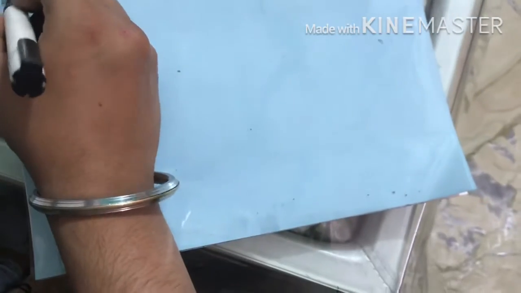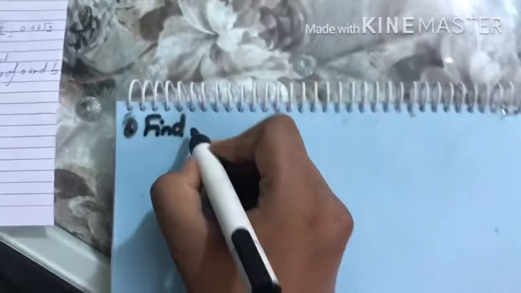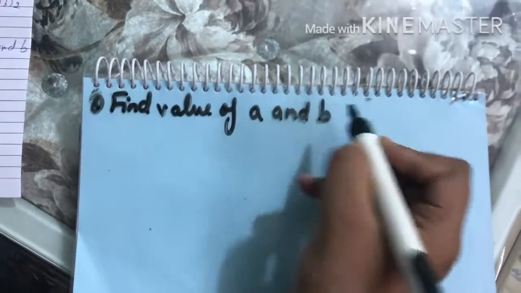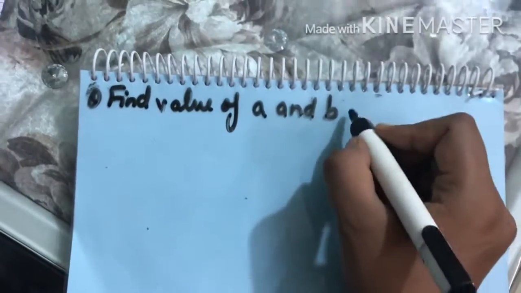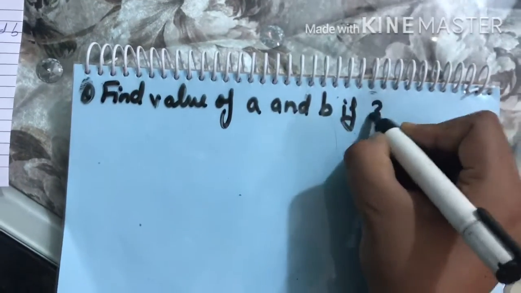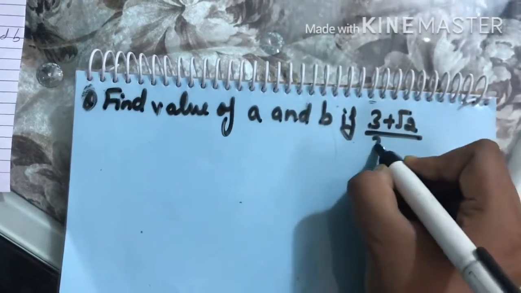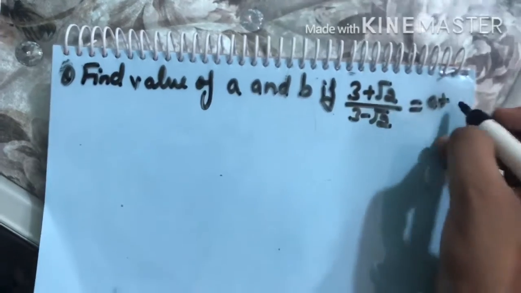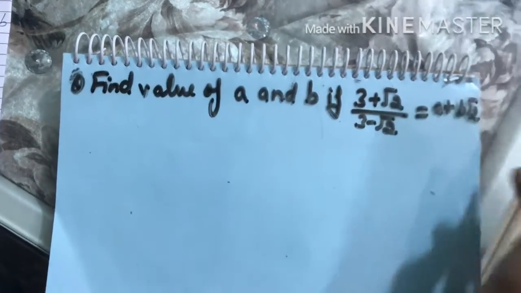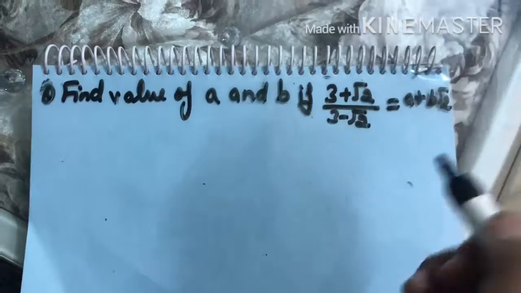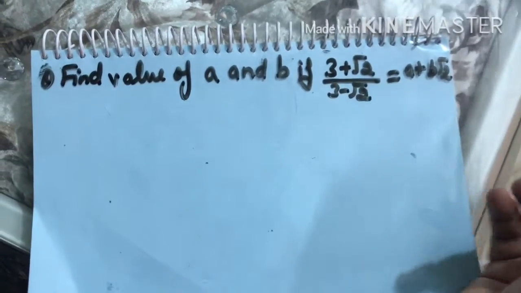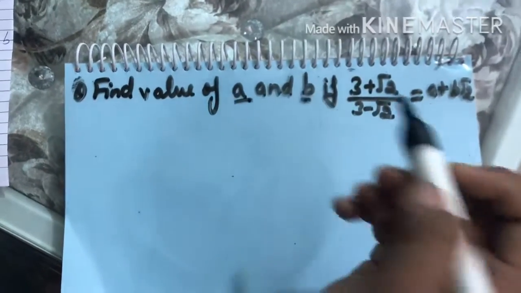The question is, find the value of a and b if 3 plus root 2 divided by 3 minus root 2 is equal to a plus b root 2, and we have to find the value of a and b.